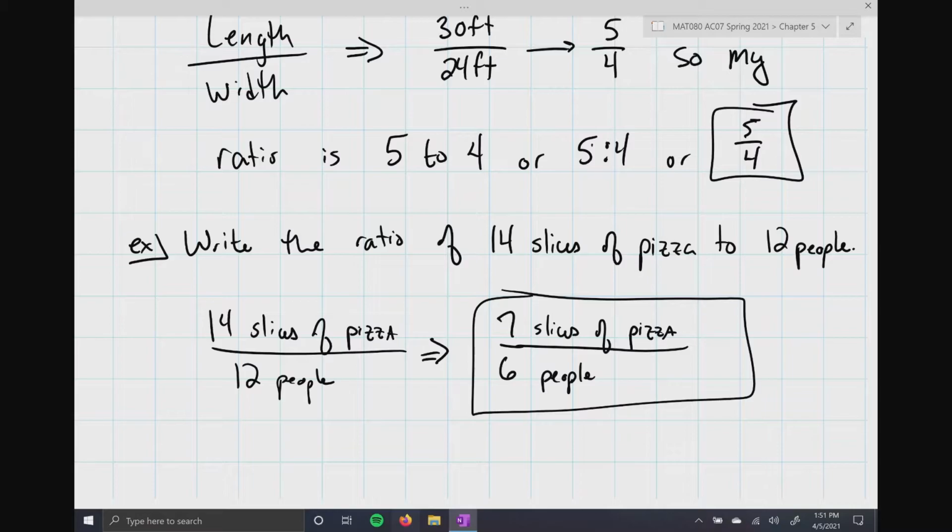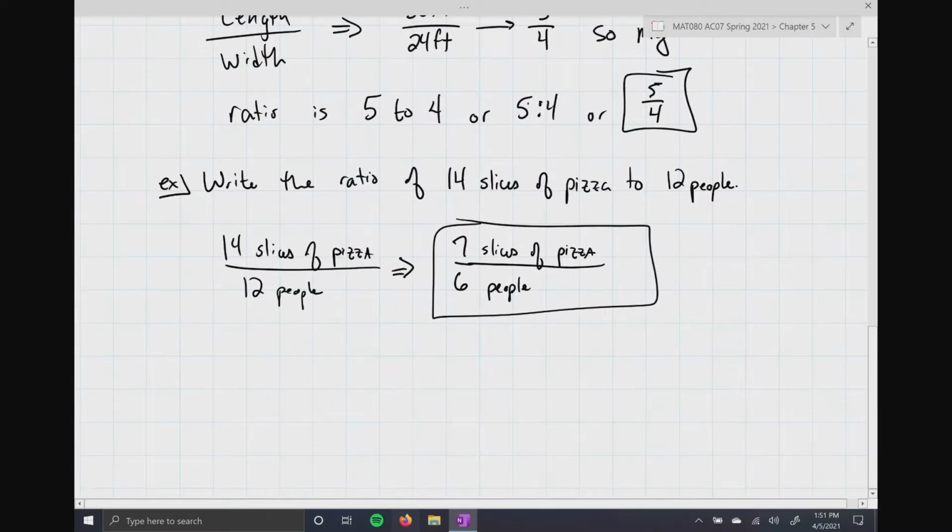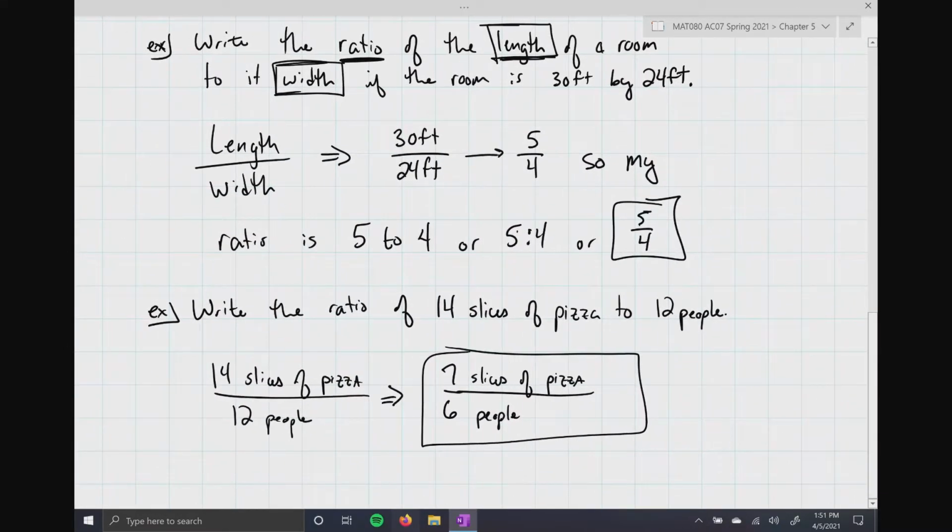In the previous problem, it was feet to feet, and my final answer was 5 to 4 because the feet reduce. In the second situation, these are two completely different quantities. One is slices of pizza, and the other is people. So if your units of measurement are different, you have to include them in the answer. That way I know what you're talking about.